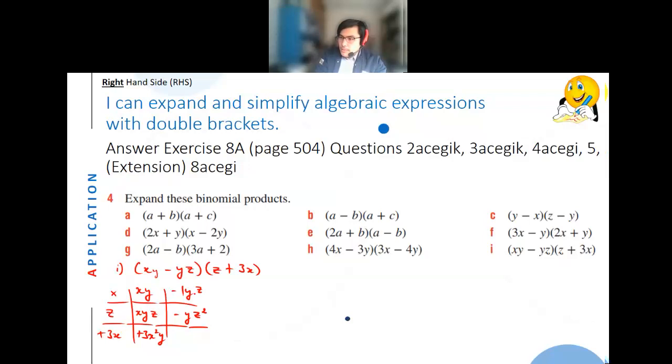So positive and a negative is a negative. 3 times 1 is 3. That's just going to be negative 3xyz. So here our like terms are going to be xyz minus 3xyz. Now remember that this is 1xyz minus 3xyz. That's going to give us negative 2xyz. All right, so what do we have?